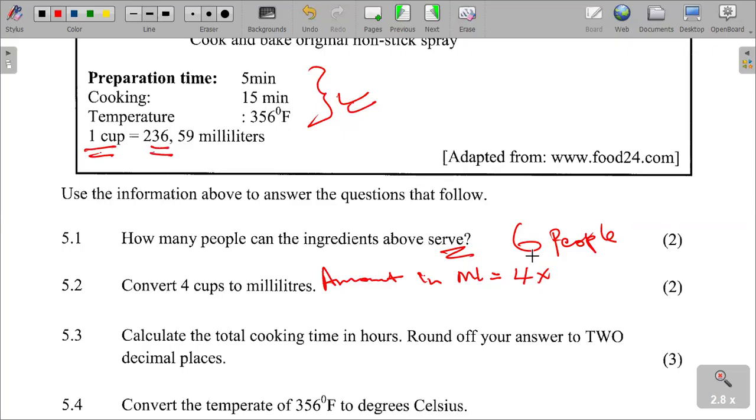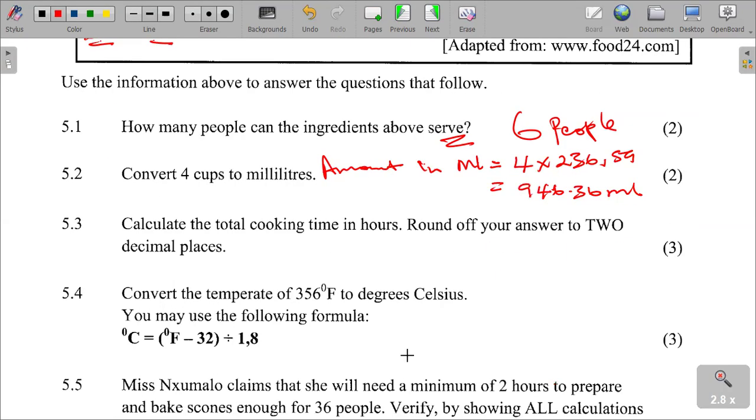So it's 4 times 236.59, which is equals to, it's gonna give us 946.36 milliliters. That's the answer.